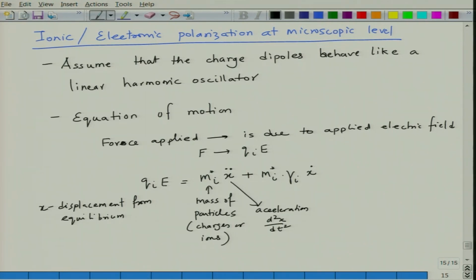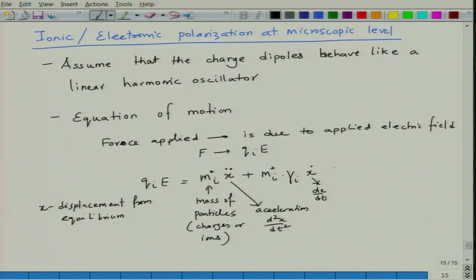The second thing that will happen is every harmonic oscillator system will feel friction. So there will be a friction coefficient gamma i, and this is nothing but gamma i into m multiplied by velocity, which is dx by dt. This is from classical mechanics.